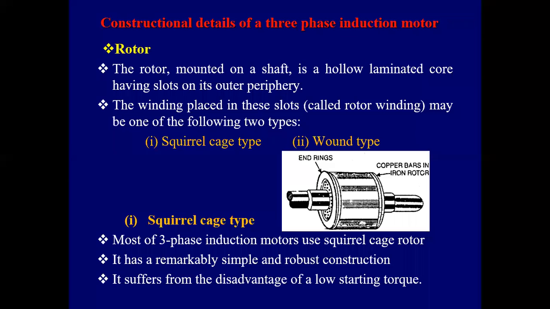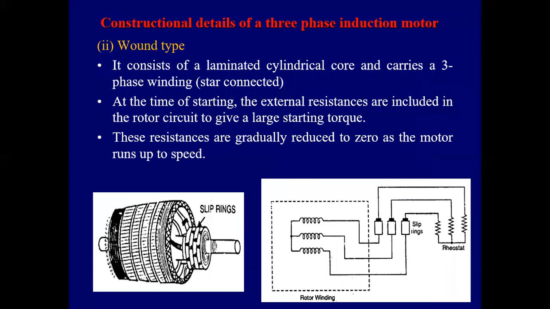You better find the differences. Go to Google search and identify the differences between squirrel cage rotor and slip ring rotor. There would be many differences and you can easily identify those things.